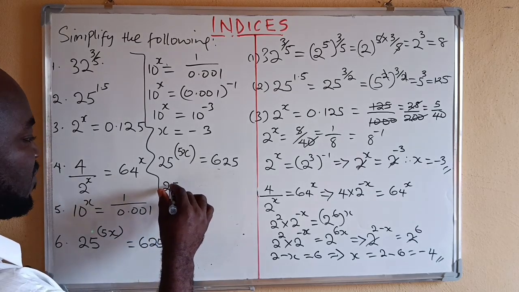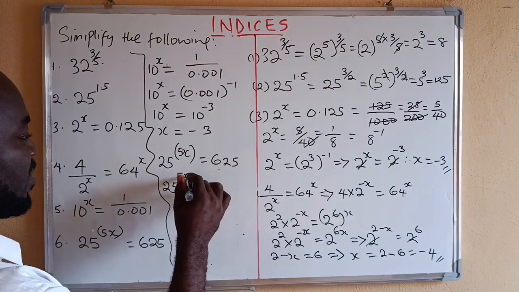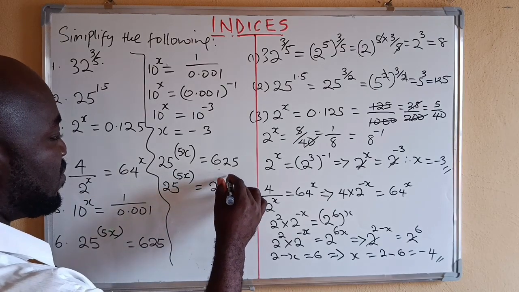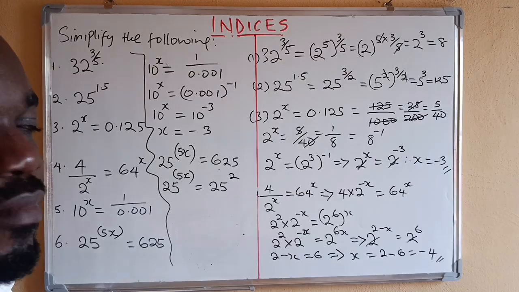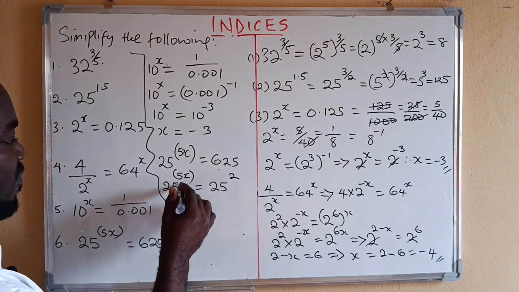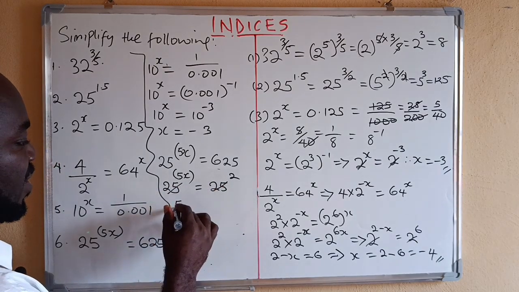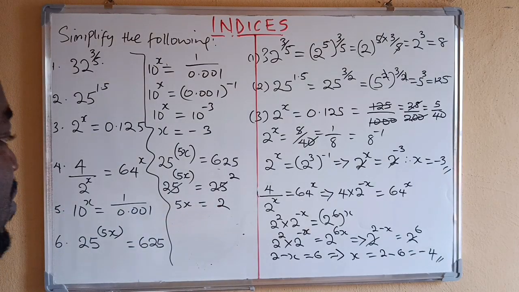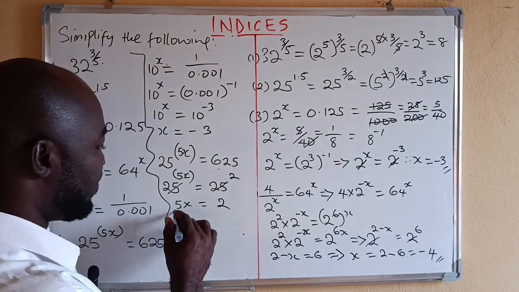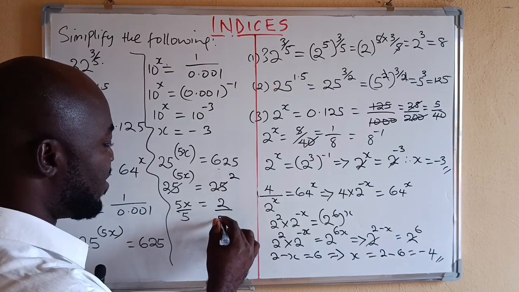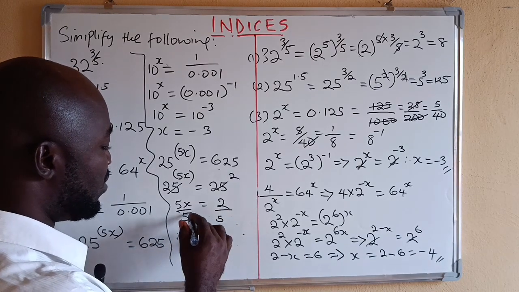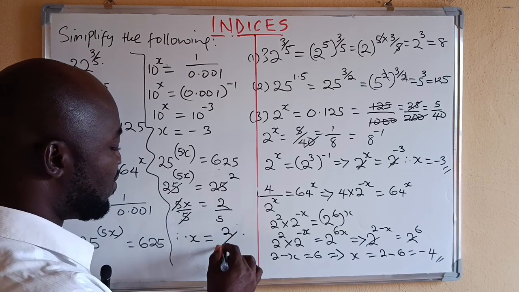So this is 25 to the power of 5x, and this will be equal to 25 to the power of 2. So if I solve that, they have the same base. My 5x will be equal to 2. So if I divide both sides by 5, you can see that my x is equal to 2 over 5.